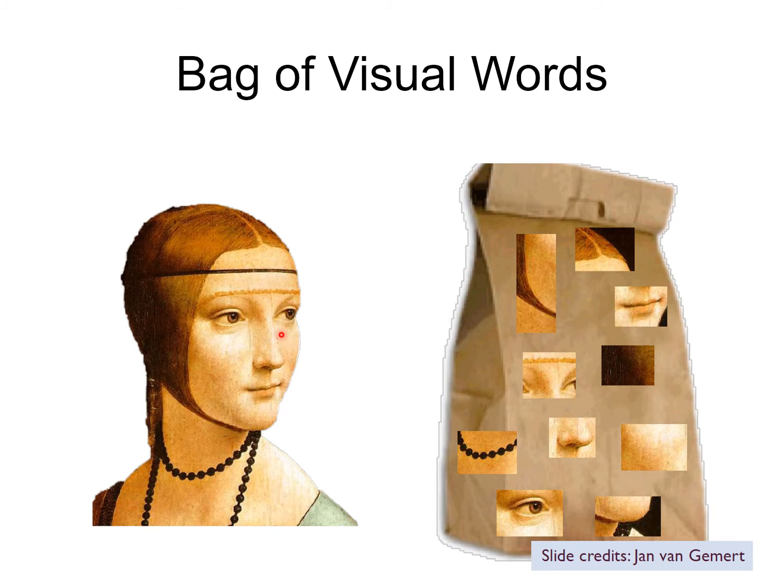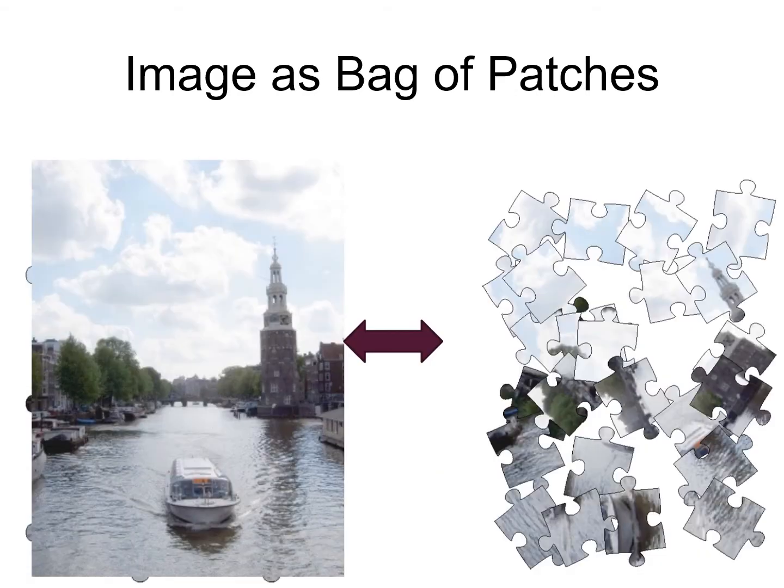If we want to find an image of a human face, then supposedly the bag should have words like a mouth, a nose, an eye, a chin. And then it can be generalized to any images, not necessarily an image of a human. Then you just consider each local image patch as supposedly a word.